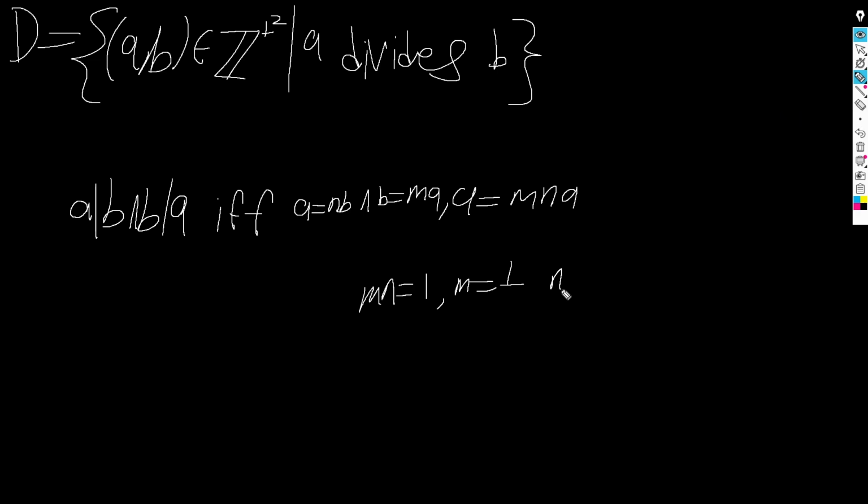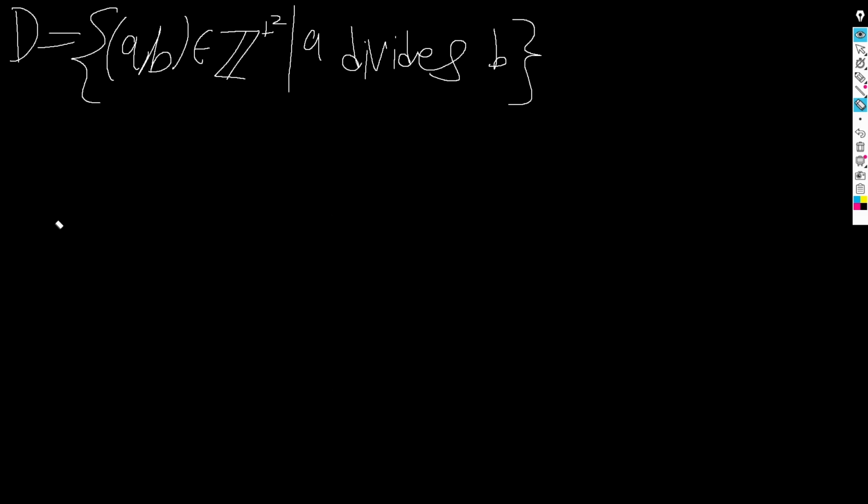So that means N has to be equal to 1. So if you plug in A equals NB for N equals 1, A is 1B, so A is equal to B, meaning this relation is anti-symmetric. So we get that this relation is a partial order.